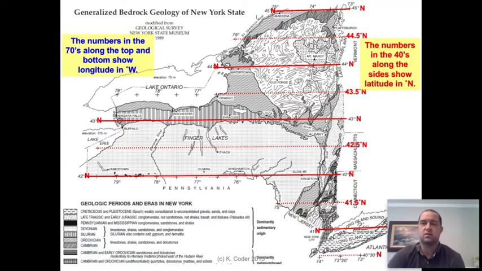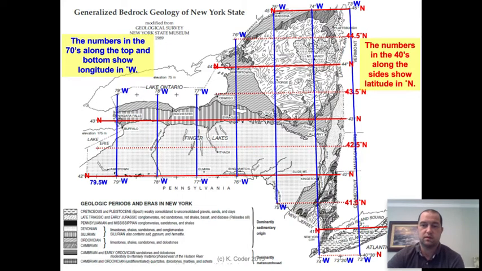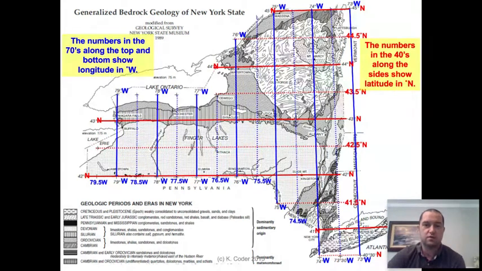Notice how the latitude is to the north, and the longitude is to the west. We have 79 degrees west, 78, 77, 76, 75, 74, and 73 degrees west. These also have halfway points as it goes across, so it makes a nice grid square of New York State.